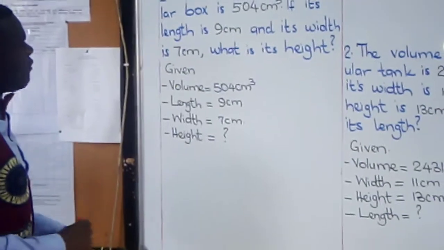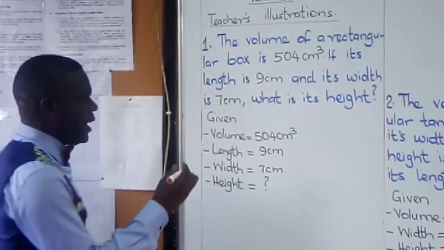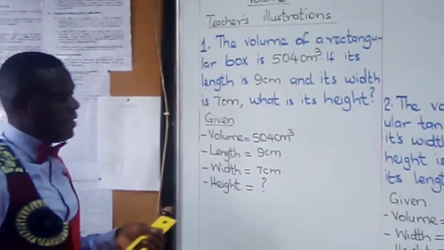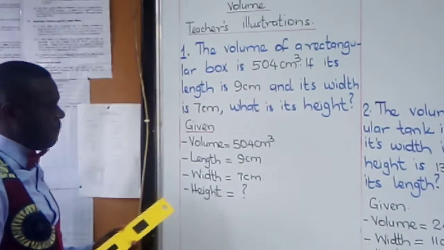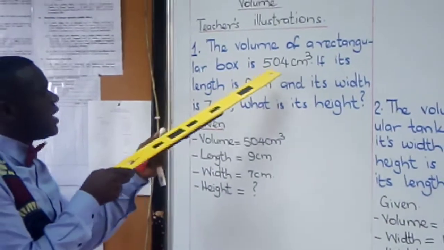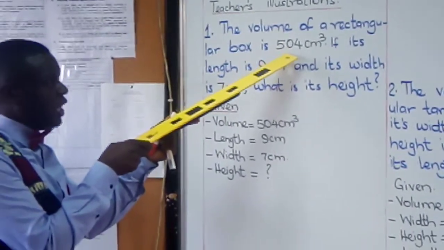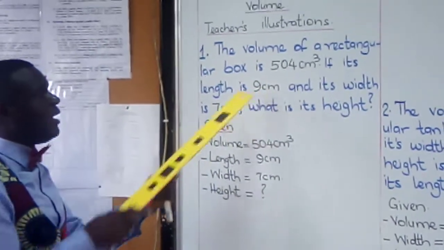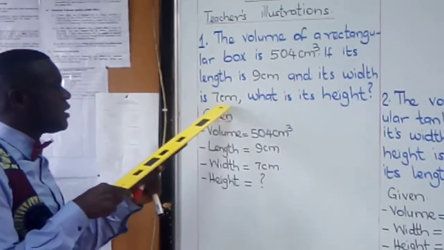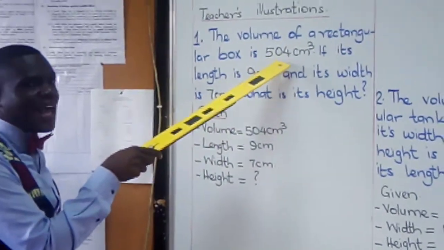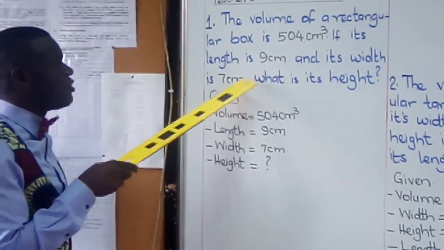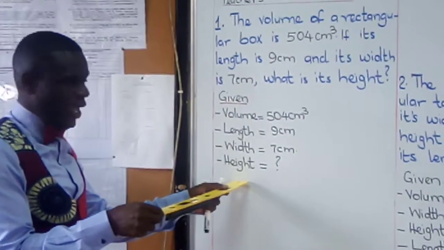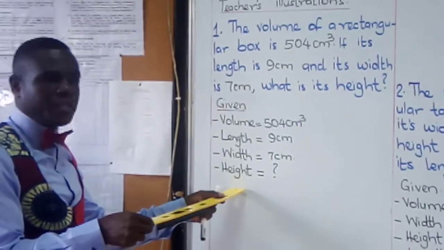Now, I have managed to break down the question for you to be able to understand very easily. We have been given in the question the volume, the length and the width. And so I have extracted this information from the question and put it here in a simple way so that you are able to know what you've been given.